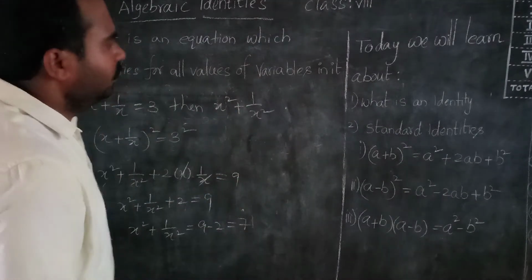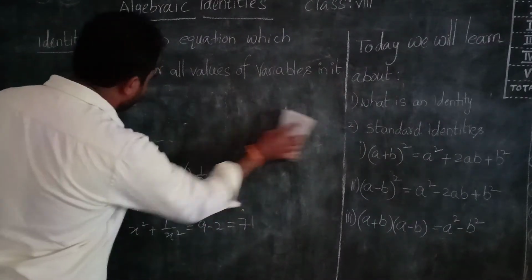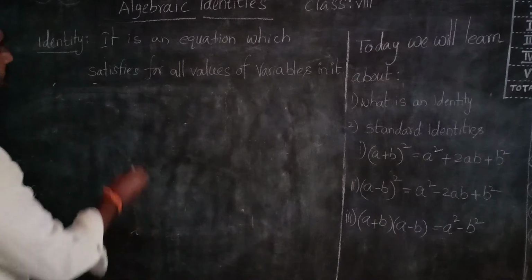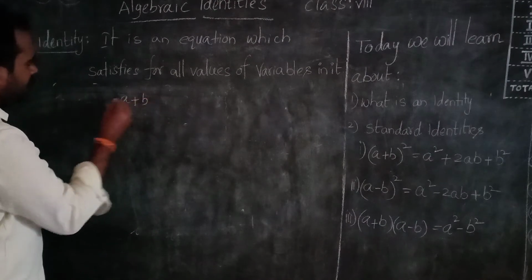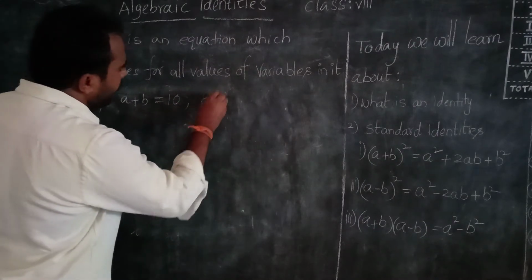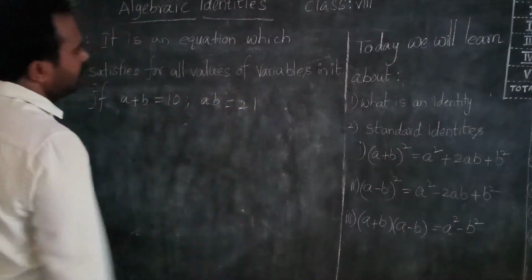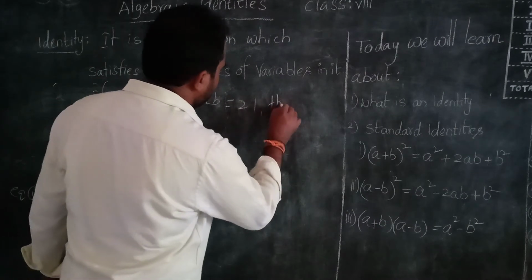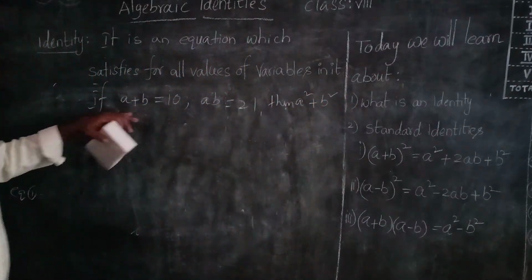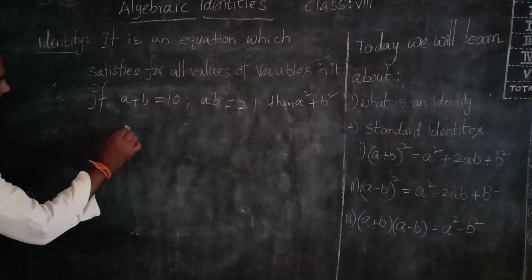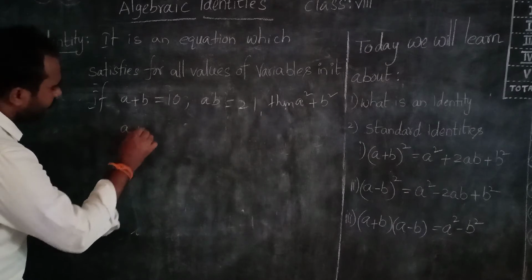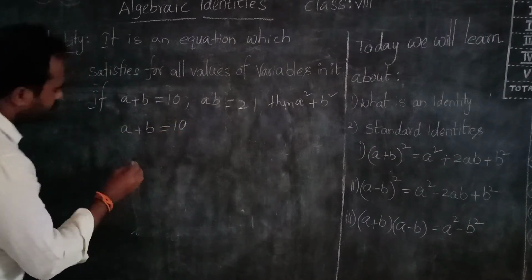And one more problem we will do. If a plus b is equal to 10 and ab is equal to 21, then find a square plus b square. Again take this one, squaring on both sides. a plus b is equal to 10.